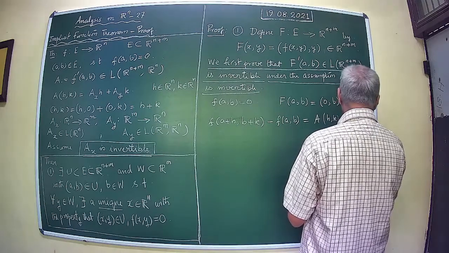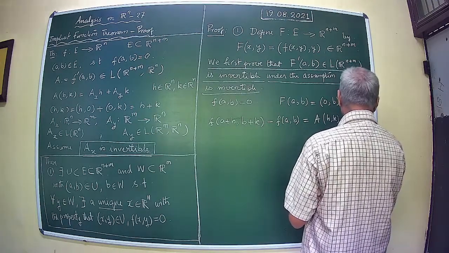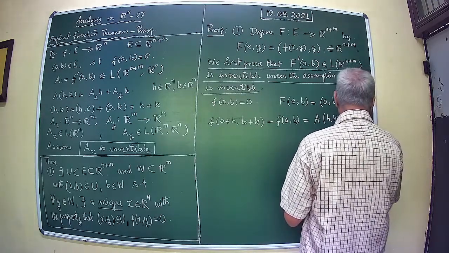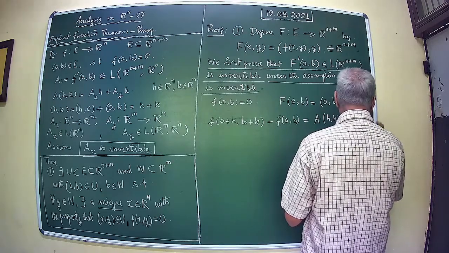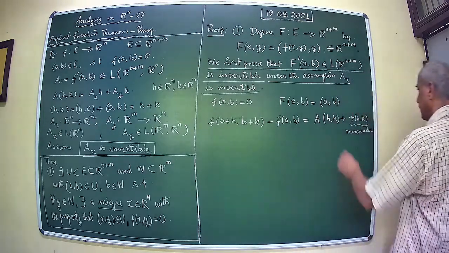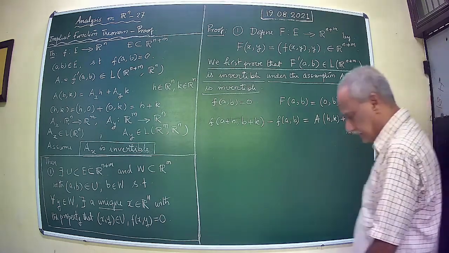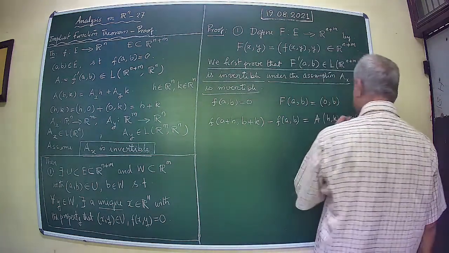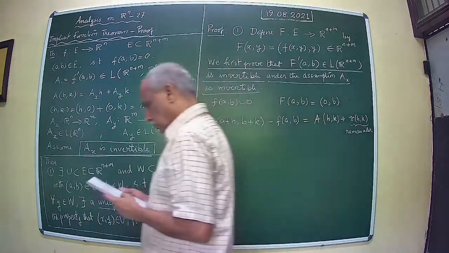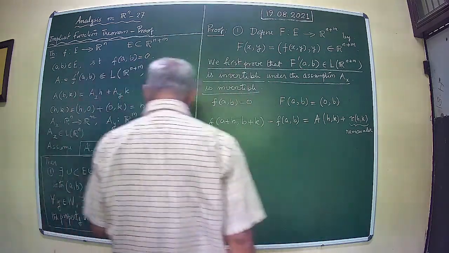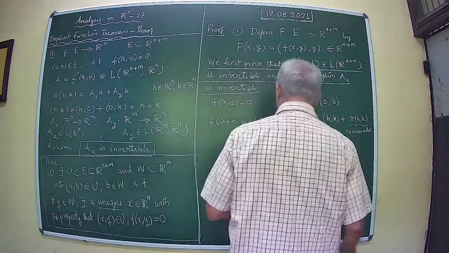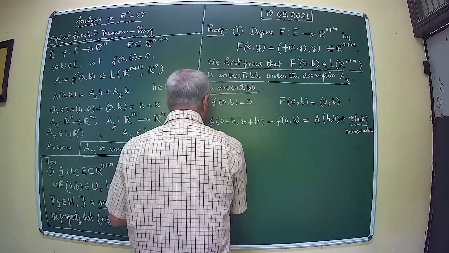So this is the remainder. This is actually A acting over HK. R of HK is a function of H and K, not necessarily linear, whereas this is a linear function. Okay, right, where A is equal to f derivative of AB. That is the given.